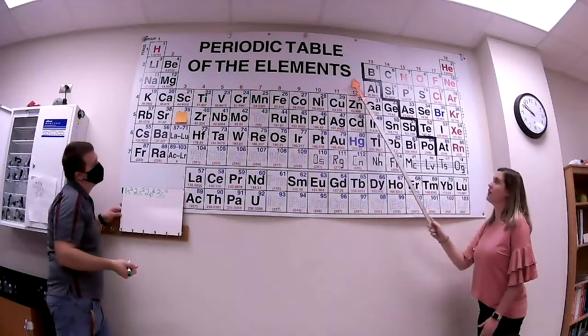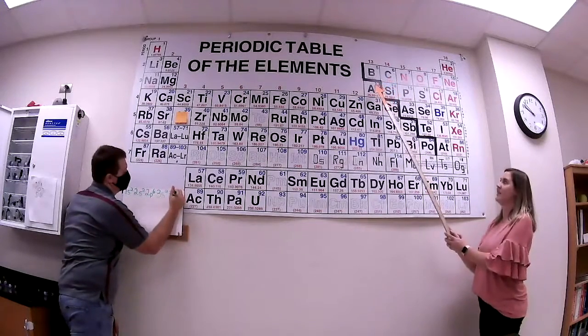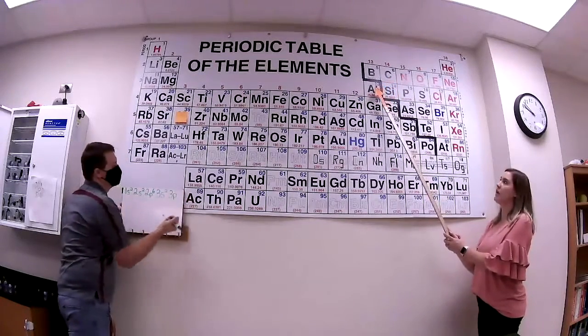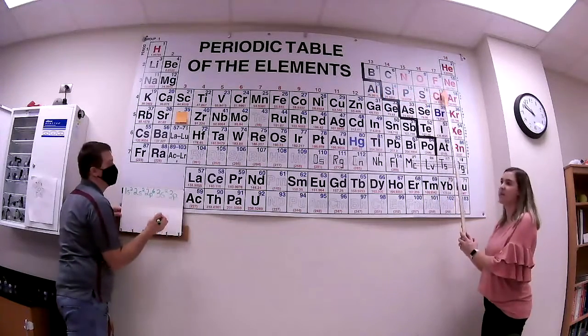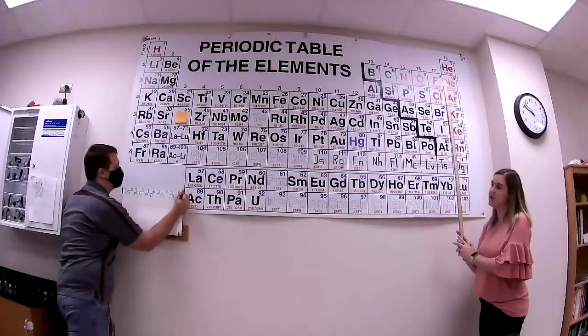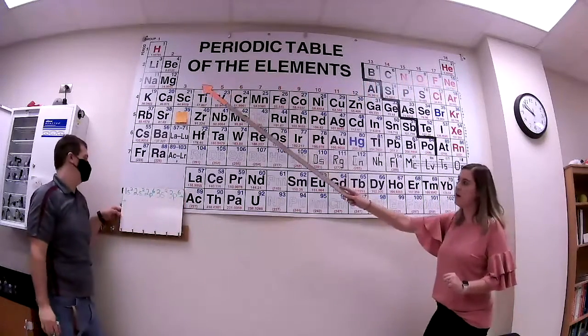Keep moving. Third energy level, P sublevel now, and we cross 1, 2, 3, 4, 5, 6 boxes. 3p6. All right, we're gonna continue on the next row.